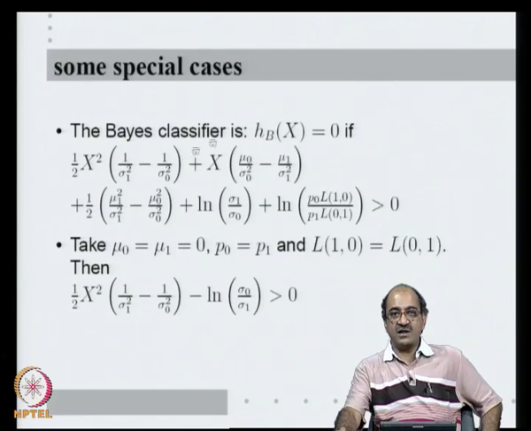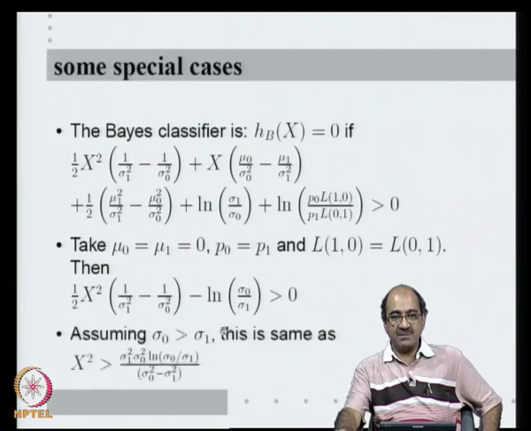It is half x square into (1 by sigma 1 square minus 1 by sigma 0 square) plus ln (sigma 0 by sigma 1), right. So I can crunch this. It essentially means that if x square is greater than something, then you put in class 0. I am assuming sigma 0 is greater than sigma 1.